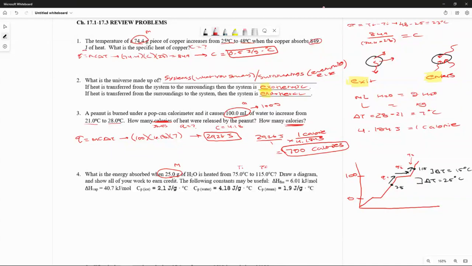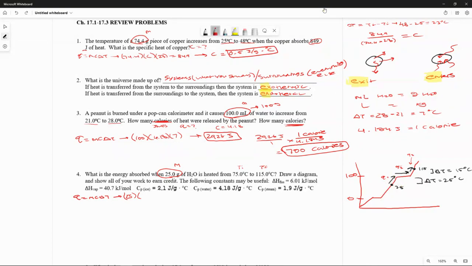So let's start with Q1, which is this here. We're going to use Q equals mc delta T because we know there's a temperature change. Mass of water is 25. We have it circled right there. And then C for water at liquid. This whole section right here that I'm going to highlight is liquid.